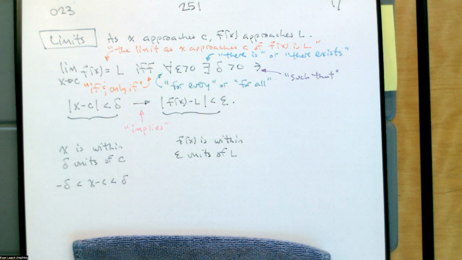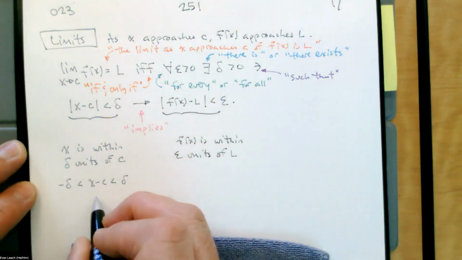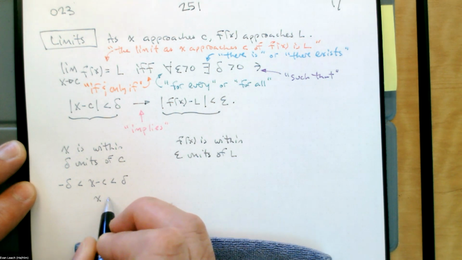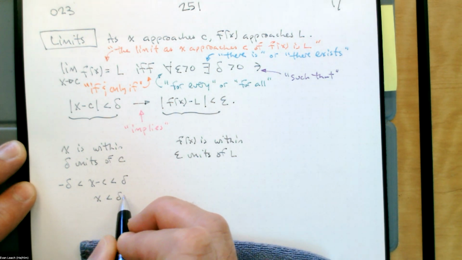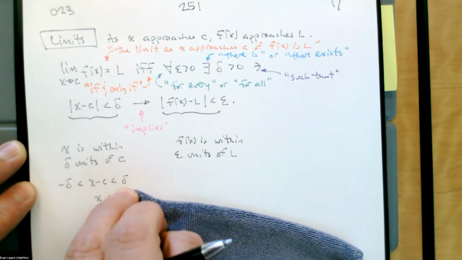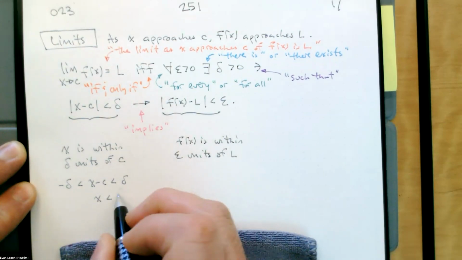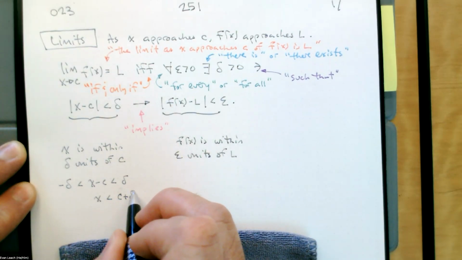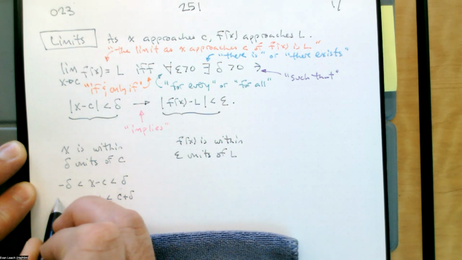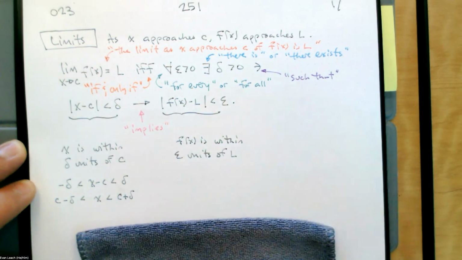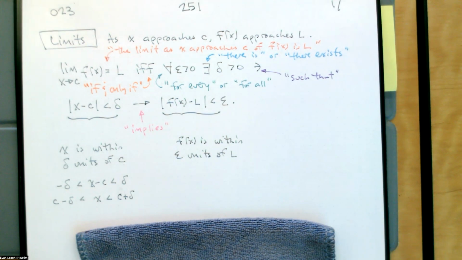If delta is negative, then this first part of the sentence doesn't make any sense at all. Then if I add c to all three parts of our inequality, here is x. It is less than c plus delta and greater than c minus delta. That's what it means to be within delta units of c.